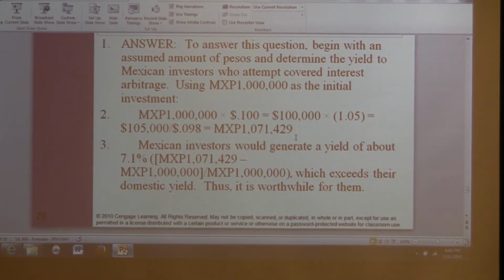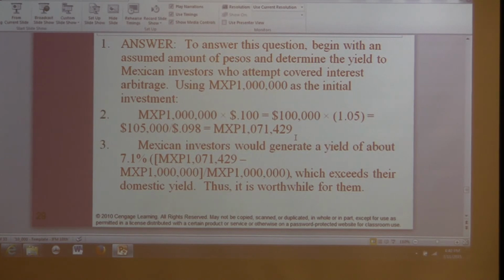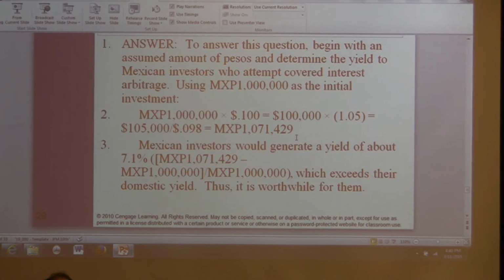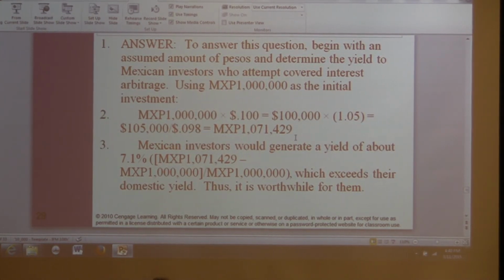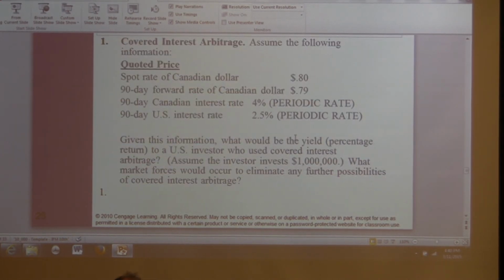Okay. So this is what we see when you look at the interest rate parity, which tells you the relationship between the spot exchange rate and the forward exchange rate. Now, although we did not talk about this, from the US point of view, the first question we did talks about somebody in the US.